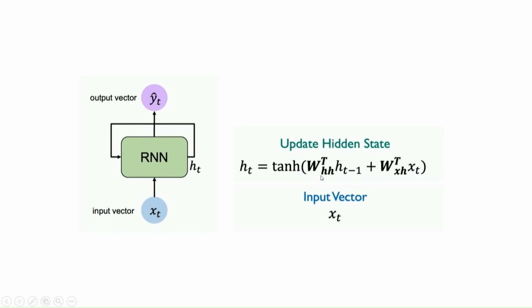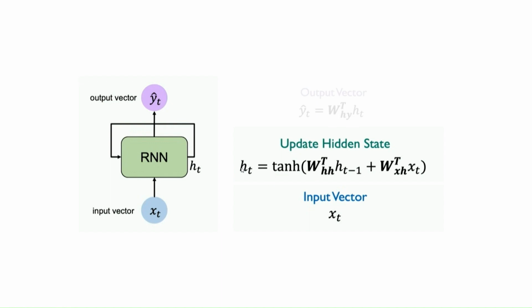There are two weight matrices you can observe here, which are multiplied: WHH, associated with the hidden state, and WXH, associated with the input. Adding these two together and applying the nonlinear function, it will update the hidden state information.